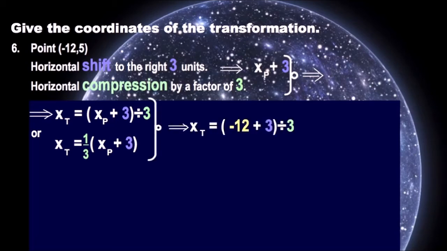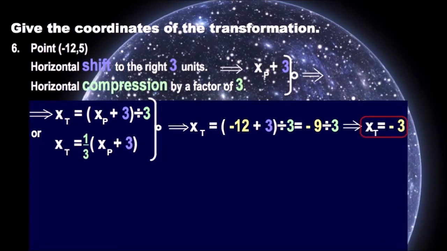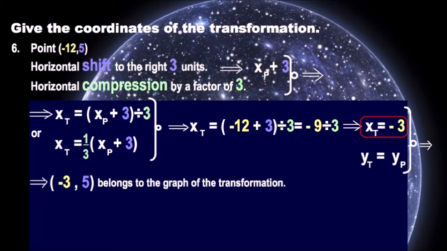Thus, x transformation is equal to the quantity negative 12 plus 3, everything divided by 3, which is equal to negative 9 divided by 3. Thus, x transformation is equal to negative 3. Y transformation equals y parent, because, as we know, a horizontal stretch, shift, or compression does not change the y. Thus, point (-3, 5) belongs to the graph of the transformation.